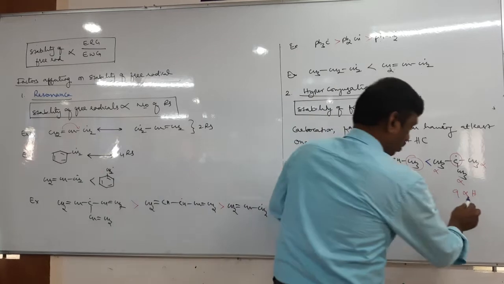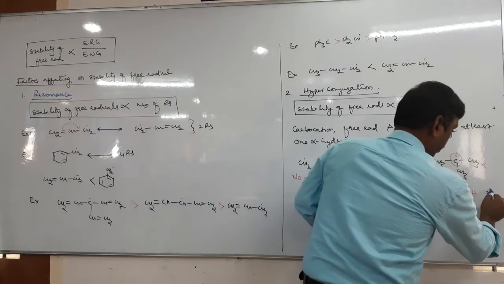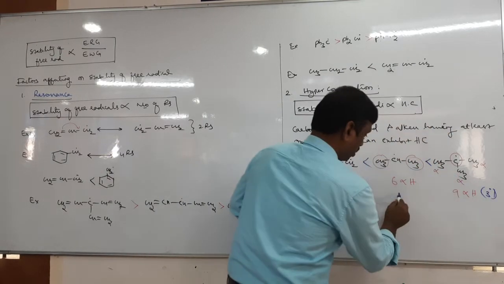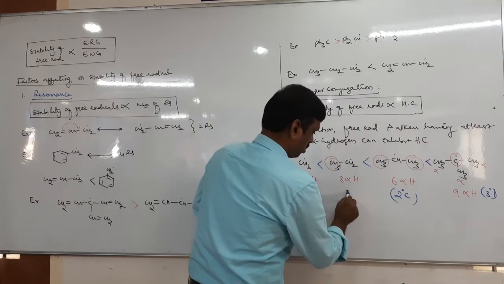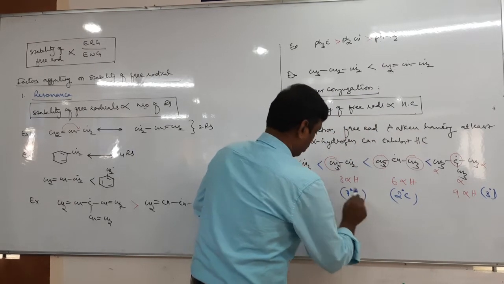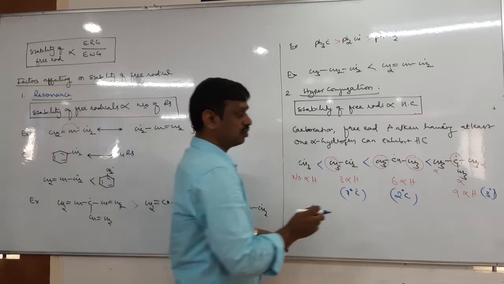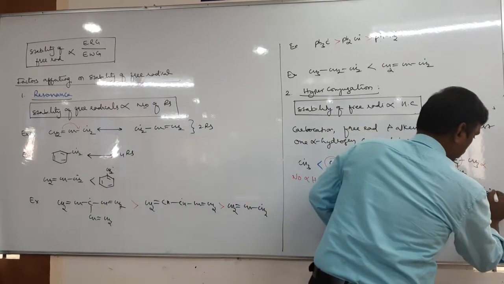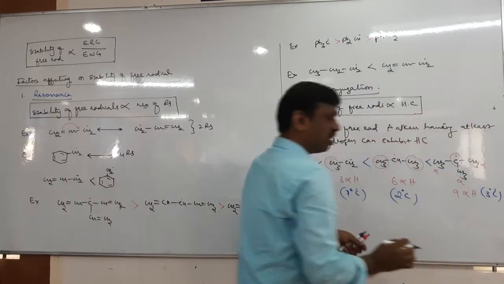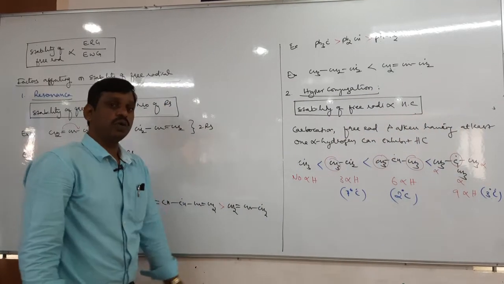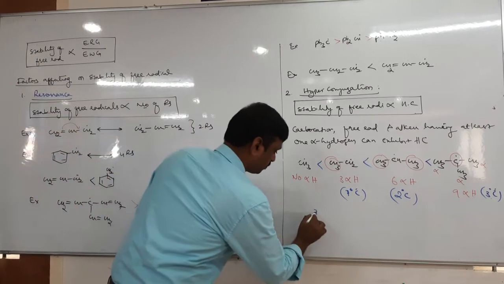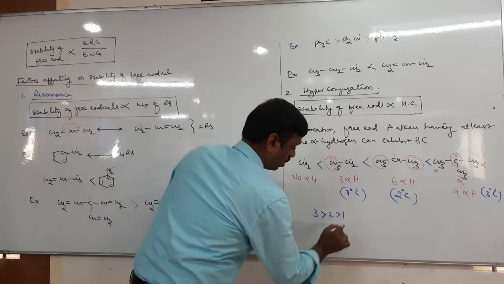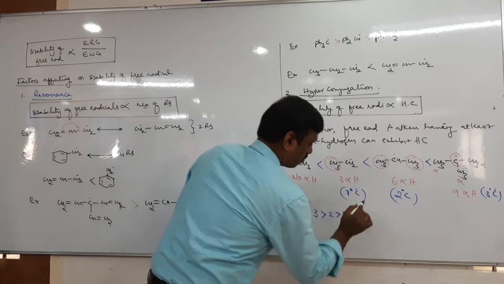So the stability of free radical is tertiary greater than secondary greater than primary greater than methyl.